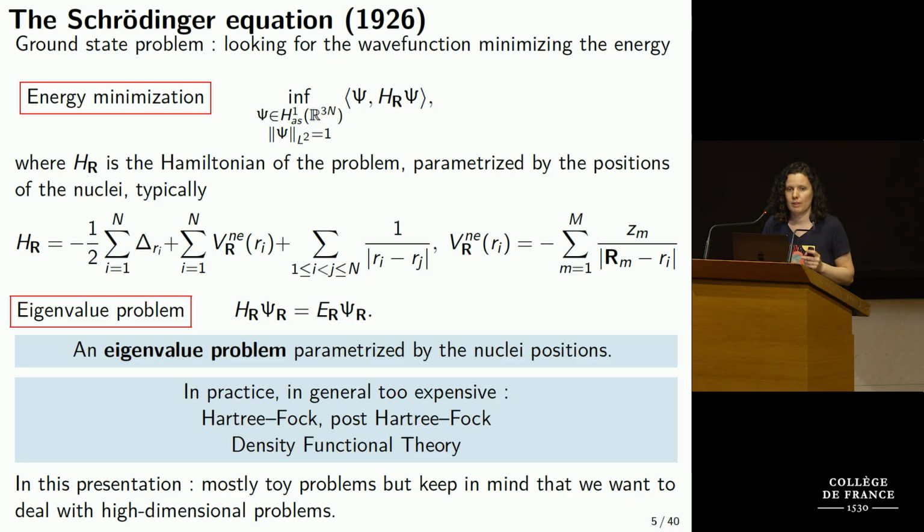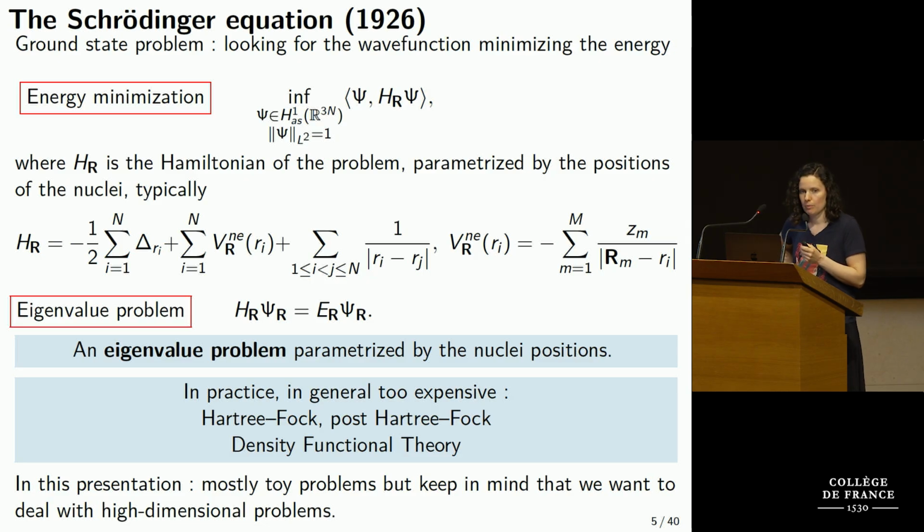In this presentation, I will focus on the Schrödinger equation, but in a toy setting. My particles will be in 1D, and in the first model I will show I will even have only a single electron.